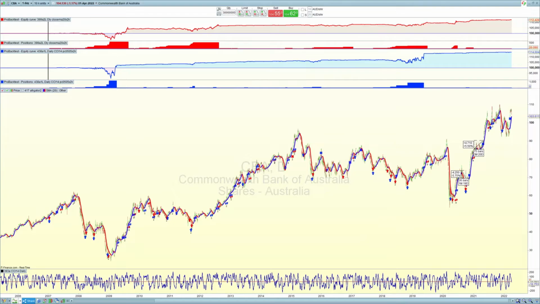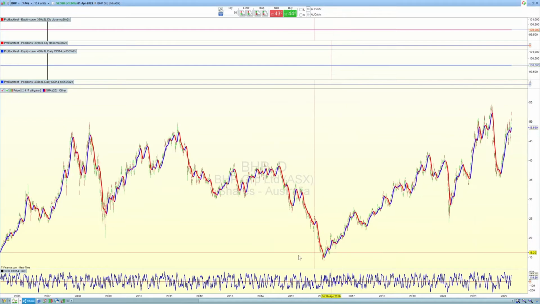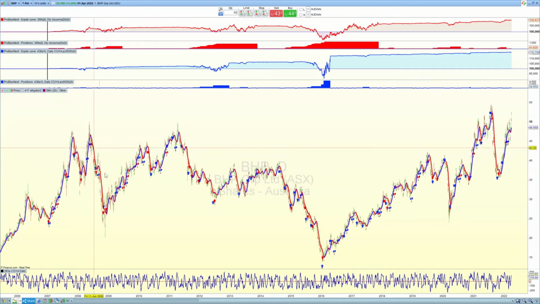Let's look at BHP Australia. Again, very quickly, you'll see the GFC effect. This mining company, BHP, went all over the place for some time, and had a pretty big decline there as well. You'll see here the averaging down was minimal compared to the close greater than simple moving average 20.